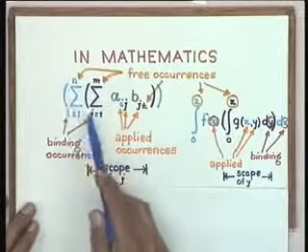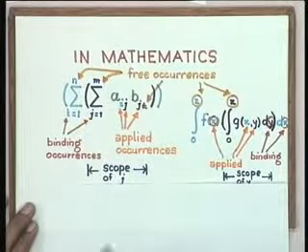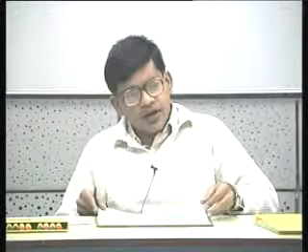What is the definition of this sigma? It might differ. I have just assumed that it refers to summation, but that's not necessarily always valid. A binding occurrence usually means a declaration. In programming, it means a declaration. And binding occurrences and applied occurrences occur everywhere, in fact.